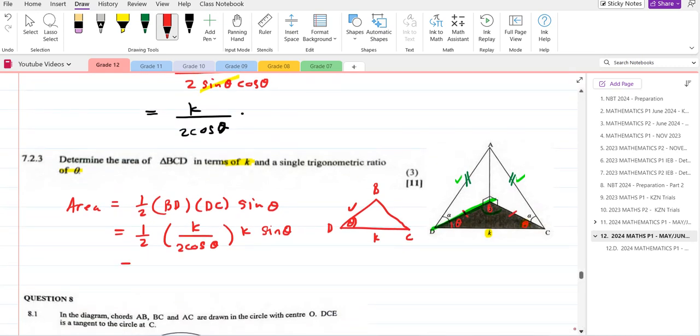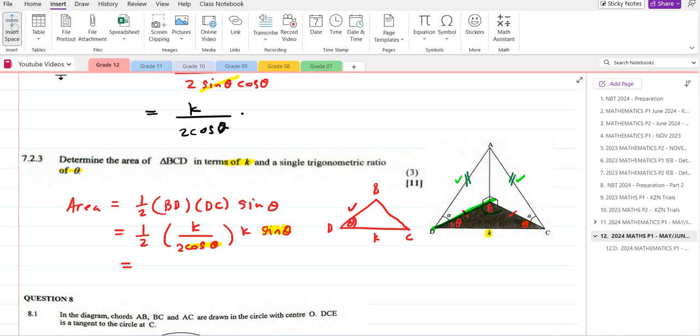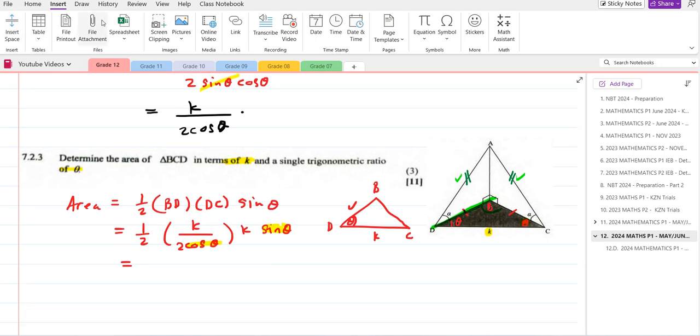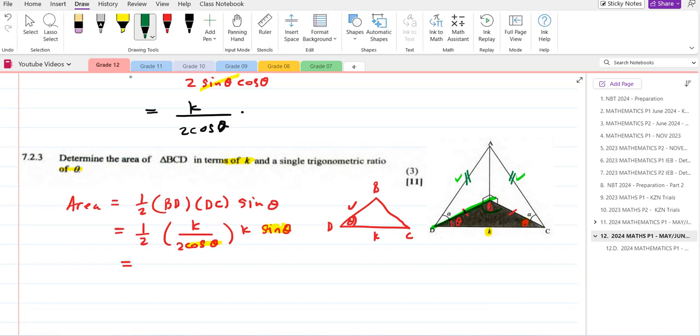Now remember 1 times K times K. I'm going to combine these two, because sine theta over cos theta, remember, is tan theta. So let's just simplify everything. Let's multiply all the numerators first. 1 times K sine theta is K squared sine theta, over 2 times 2 cos theta is 4 cos theta.